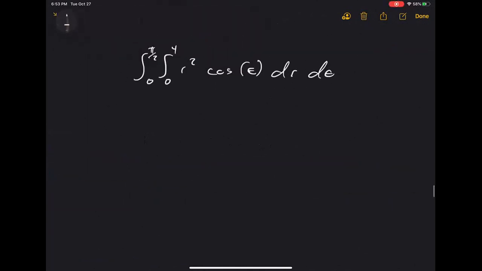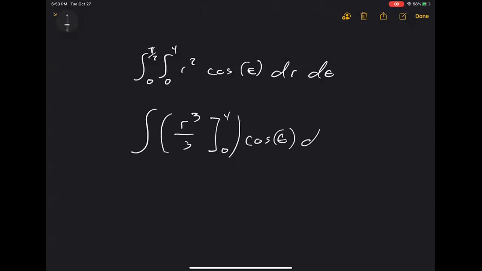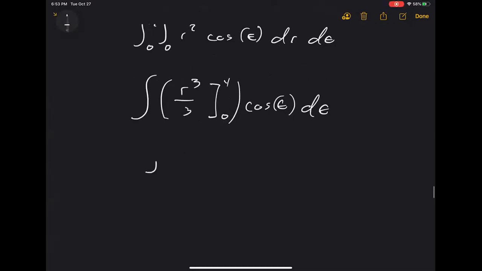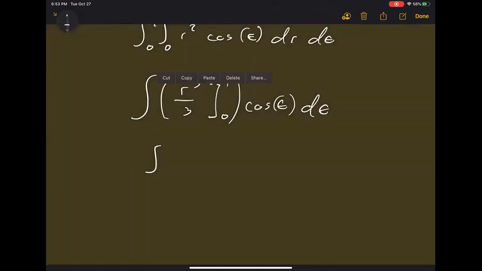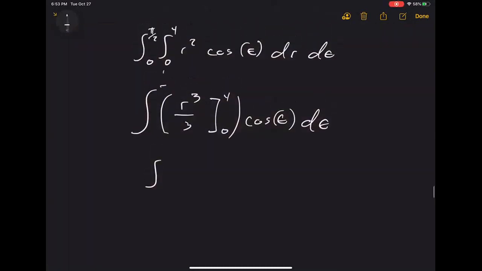It's the same mechanics. So let's see, I integrate in terms of r, I get r cubed over 3 from 4 to 0 cosine theta d theta. Well, let's see if I plug in my bounds there. What's 4 cubed?